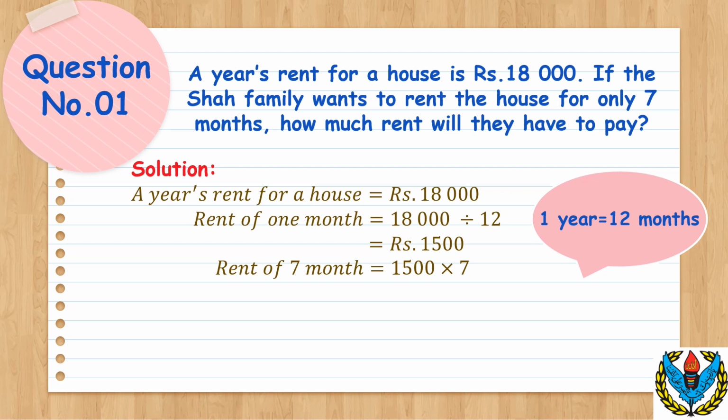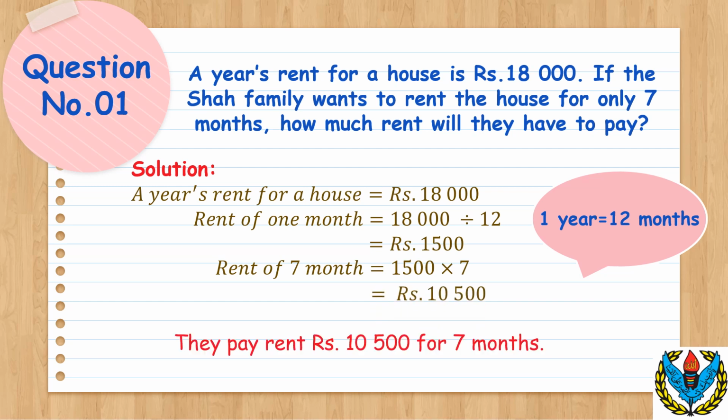We find out that value by multiplying 7 with 1500 and the result is 10,500. So Shah family pays the rent of 10,500 for 7 months.